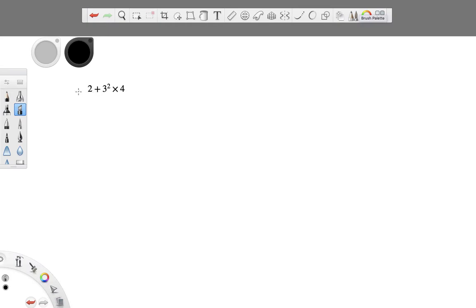Again, you may think that it's okay, I can just work from left to right and I'll get the correct answer. That may not necessarily be the right way of doing things. So we have an acronym called BIDMAS, which tells us the order in which we have to complete the operations.